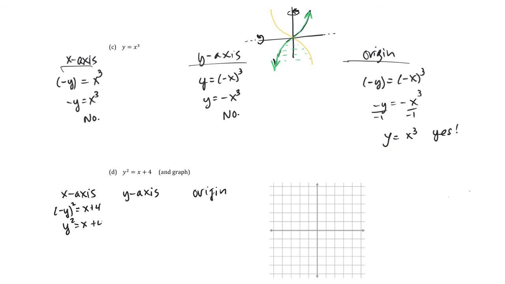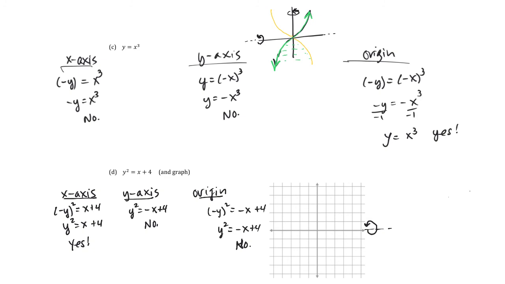So this is symmetric about the x-axis, but not along the y-axis, because if we take y squared and do the opposite of x, that does not work. But let's see if we do both. It's still not going to work, because you'd have the opposite of y that ends up back with y squared, but the opposite of x stays the opposite of x. So that's not symmetric about the origin. So just along the x-axis. So we would be able to spin it horizontally and get the same graph.